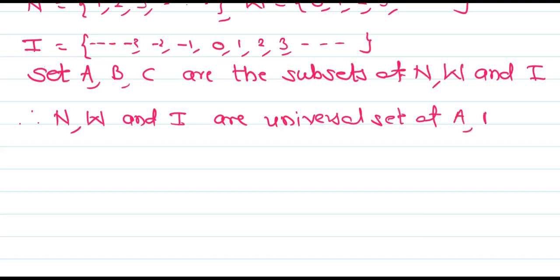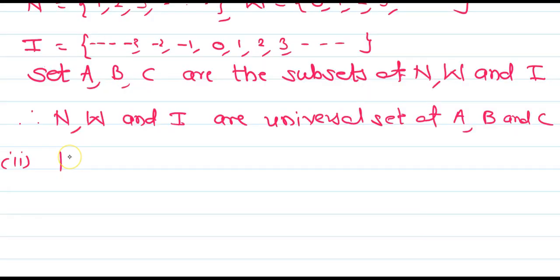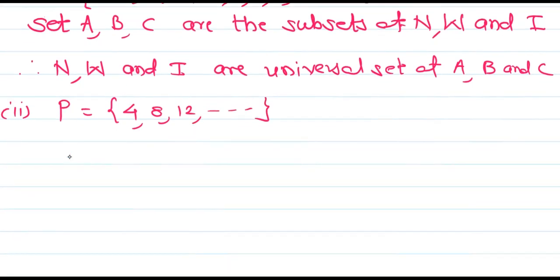Now next question, that is to be the set of integers which are multiples of 4. Now we write, and T is the set of all even square numbers. Multiples of 4 are 4, 8, 12, up to infinity.